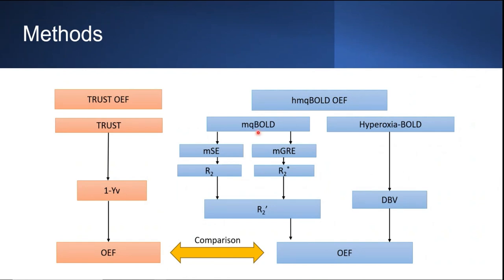And then on the mqBOLD side, we can fit R2 for the multiple spin echo and R2 star for the multiple gradient echo, and subtract to get R2 prime, combining together to get the OEF. With the aim of comparing this whole brain measure with the average grey matter OEF.